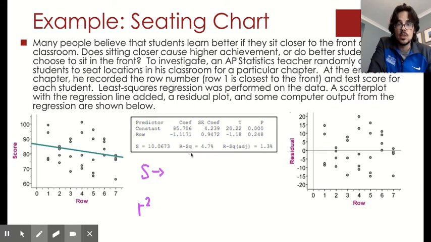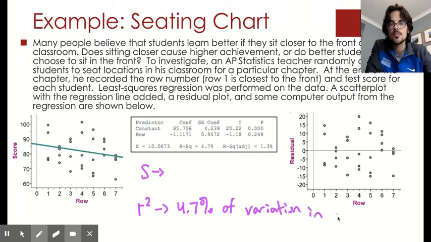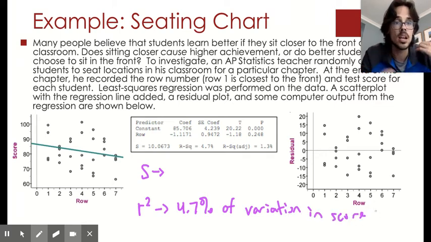R squared, on the other hand, talks about the percent of the variability, or the percent of variation, accounted for by our line. So what I would say for that is that 4.7% of the variation in score is accounted for by the linear model relating score to row. In other words, out of all the different reasons why your score might change, why you might score higher or lower, did you study?